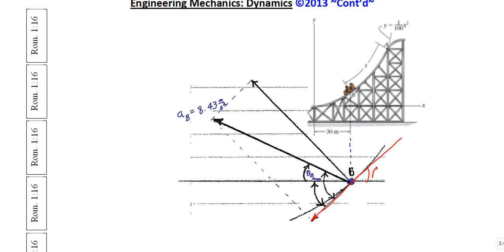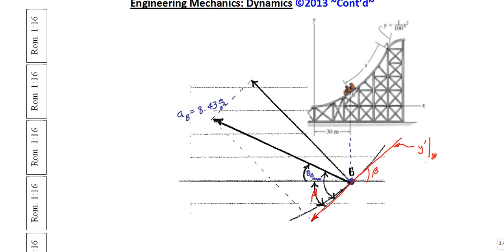is what I was calling beta in my discussion of the aside, and we said that this angle beta is this angle beta by virtue of those two angles being vertical angles. And so, well, what is this? The slope of the tangent line here is simply equal to y prime at that location B. Okay?